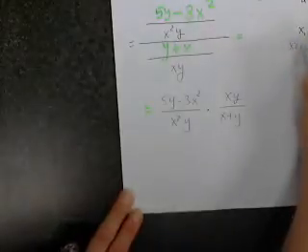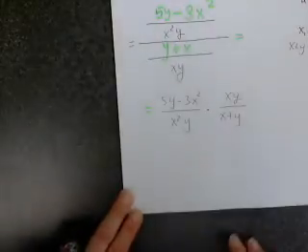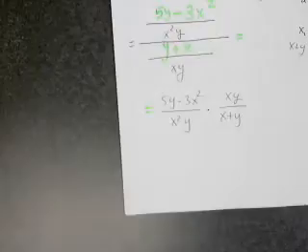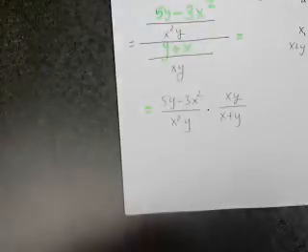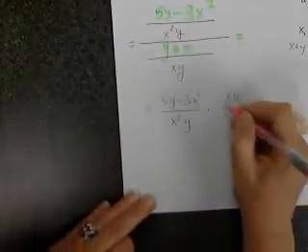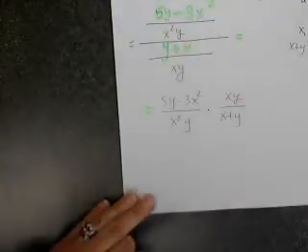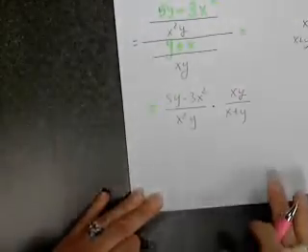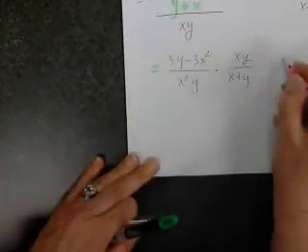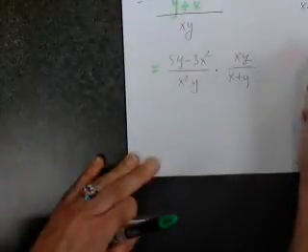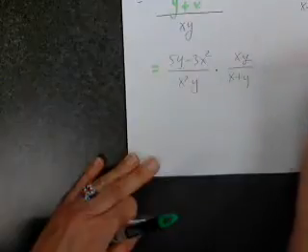I'm only going to write y plus x not equal 0. Can I simplify anything? I'm hoping to get rid of something. Very good. So the numerator, negative 3x squared minus 5y over x plus y.